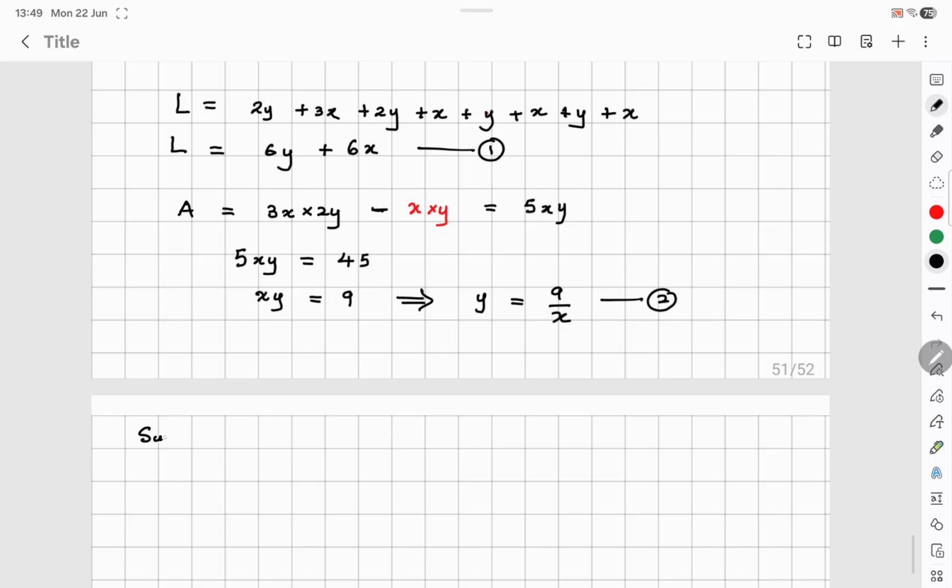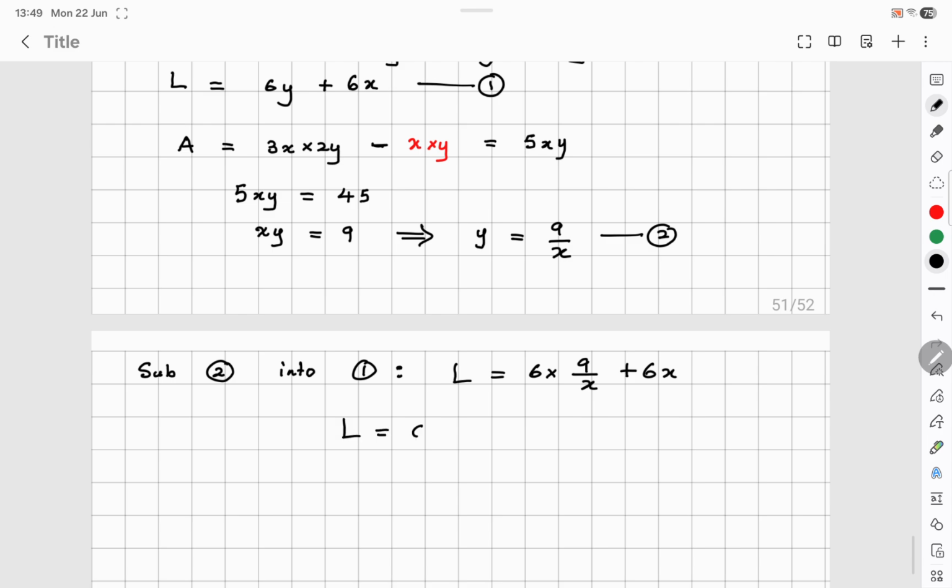So sub 2 into 1. So what do you get? L equals 6 times 9 over x plus 6x. So L equals what? 6x plus 54 over x.